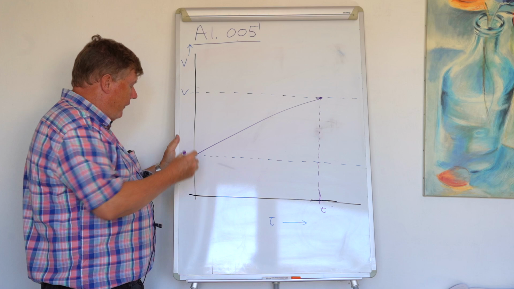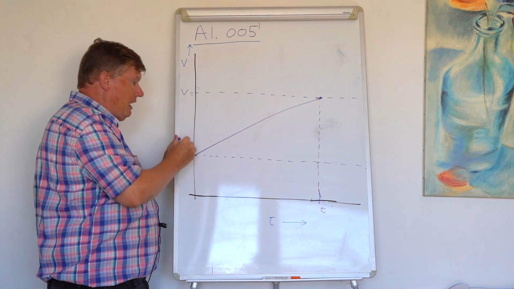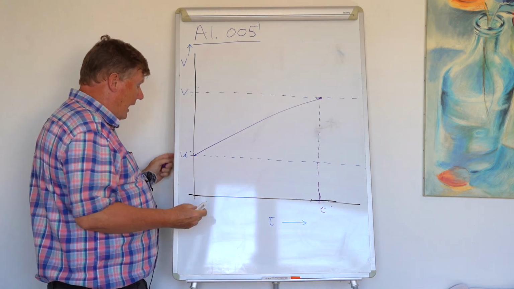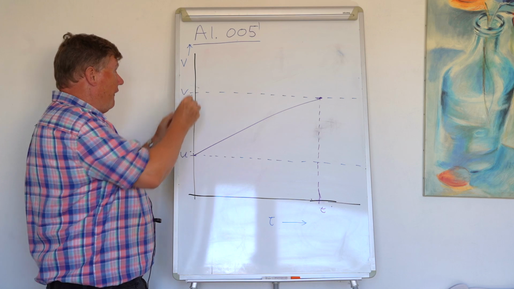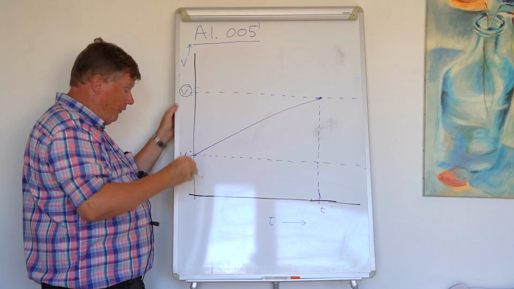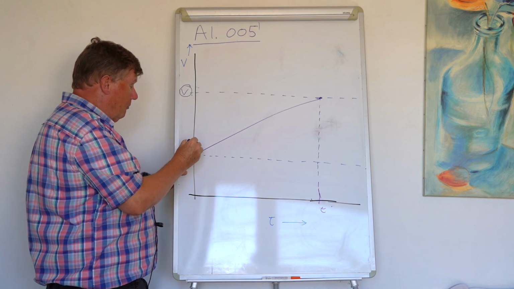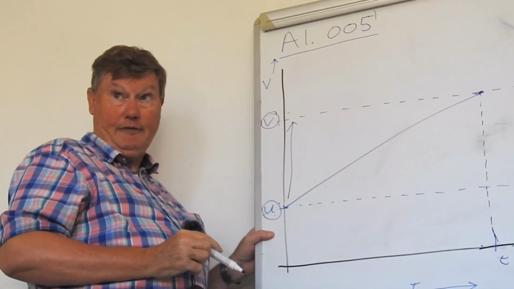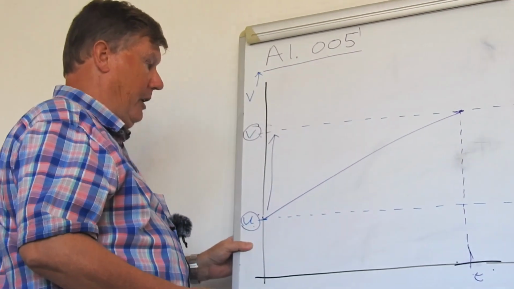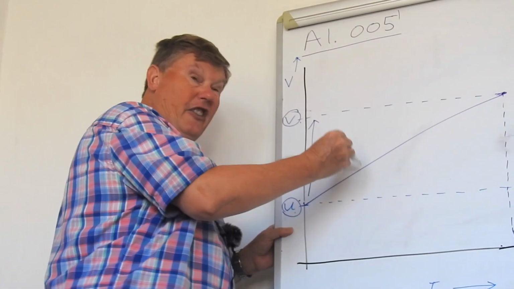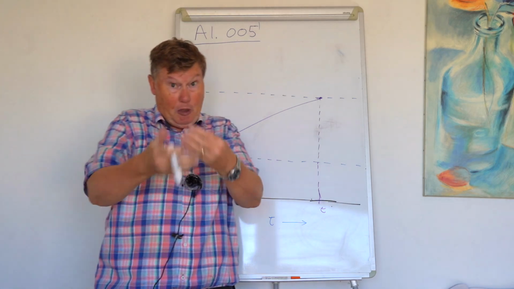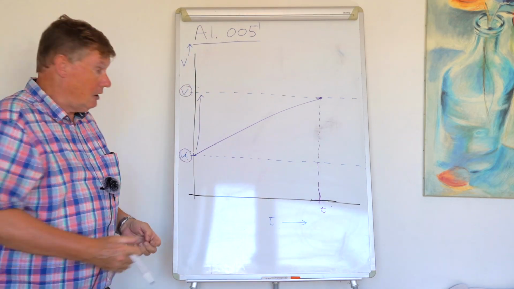Do you agree that the final speed can be thought of as u plus the change in speed? And the change in speed is the acceleration, which is the change in speed per second, times the time.